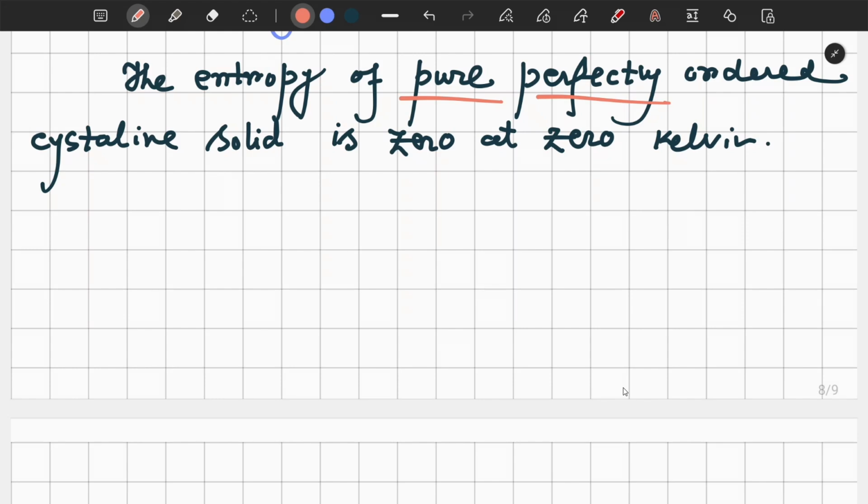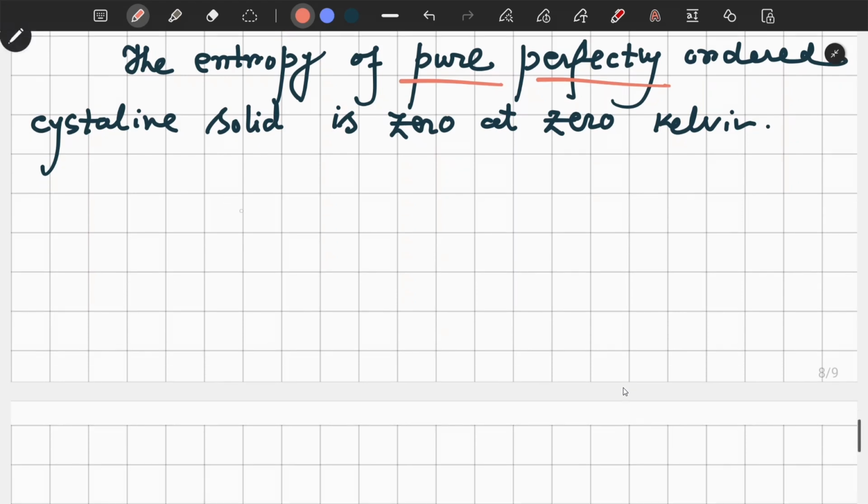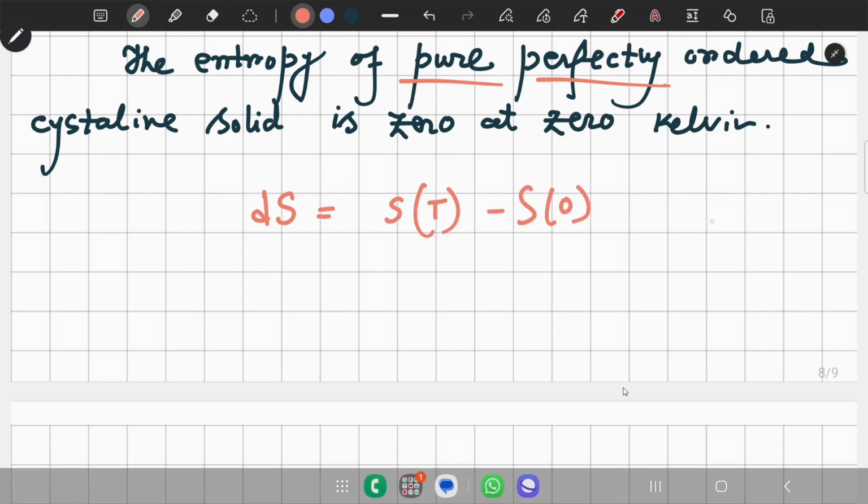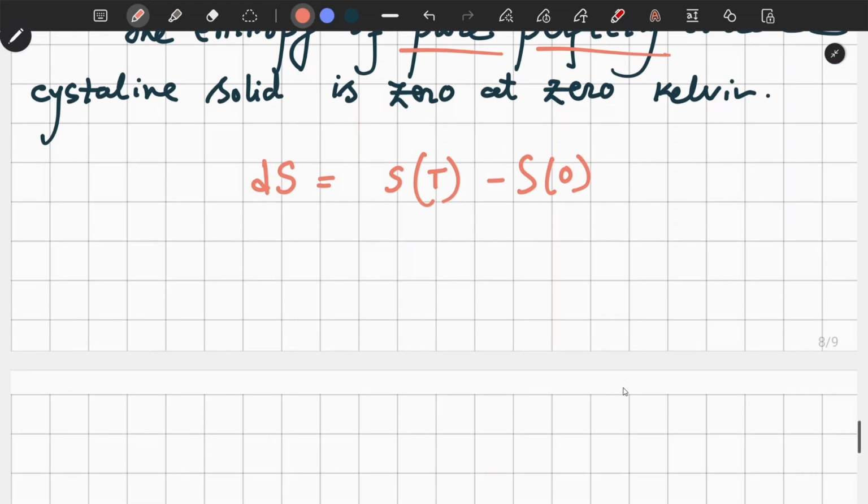Okay. So obviously, what will be the dS for any temperature from 0? If you are changing the temperature from 0 Kelvin to T Kelvin, then dS will be this, correct?